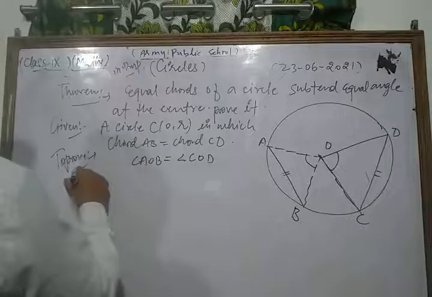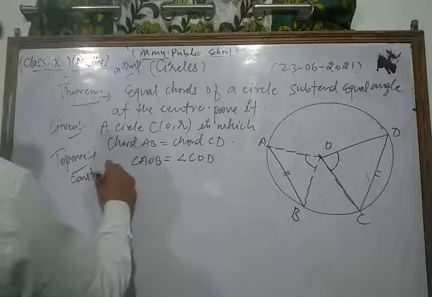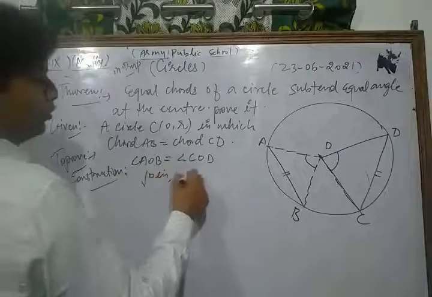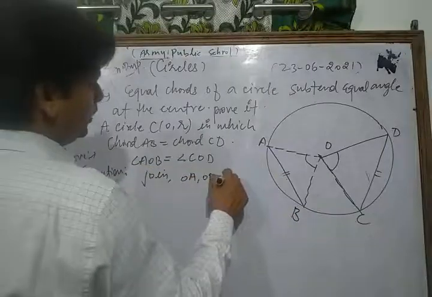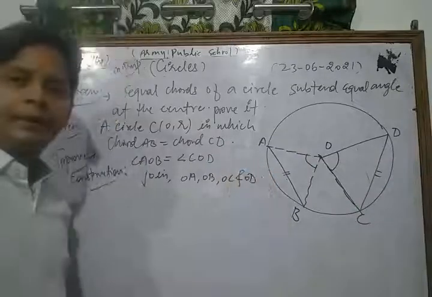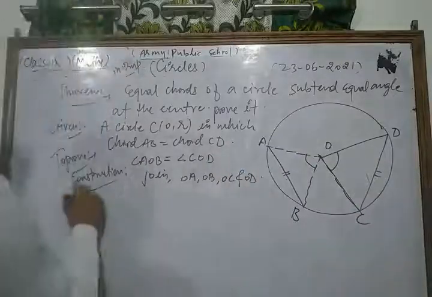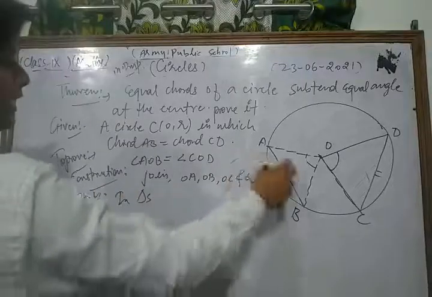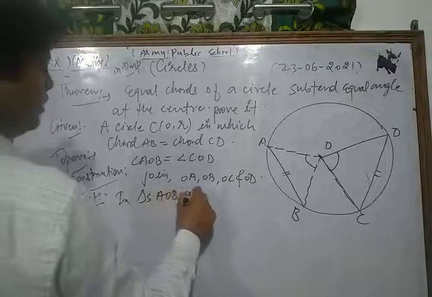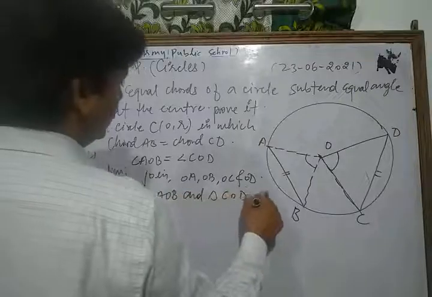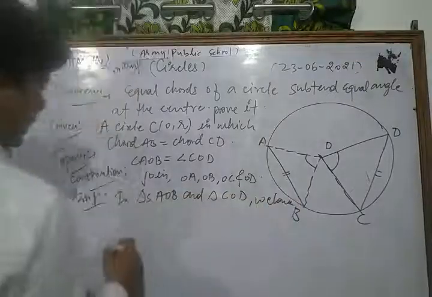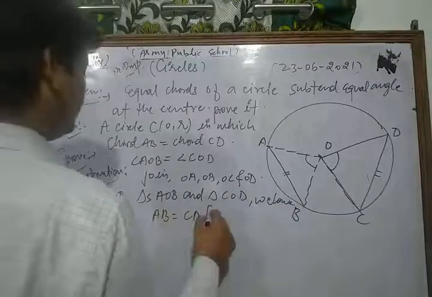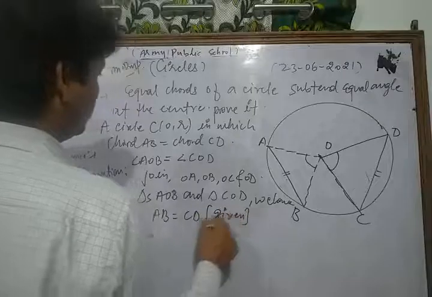Now we have to do some construction, and construction is what? Join OA, OB, OC and OD respectively. Now we write proof, dear friends. In triangles AOB and COD, we have AB is equal to CD. This is given.